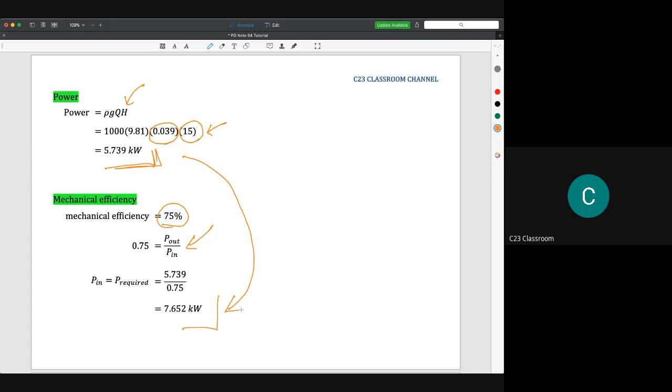The simple meaning is that we need to supply 7.6 kilowatt of power because 5.7 will be used to run the pump, and another 25% of this amount is needed to overcome the friction and other resistance. For example, we need to overcome friction that comes from the shaft and from the crank and so on, which is determined as mechanical efficiency here.